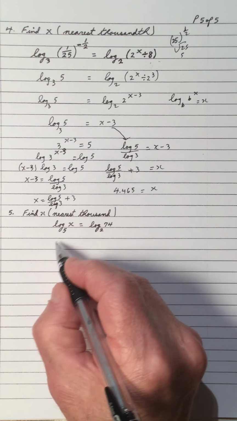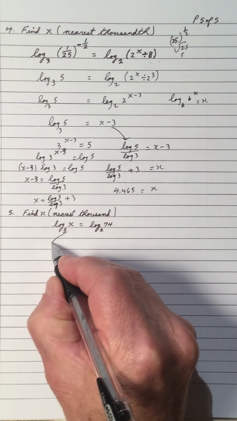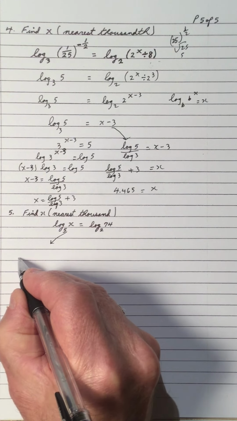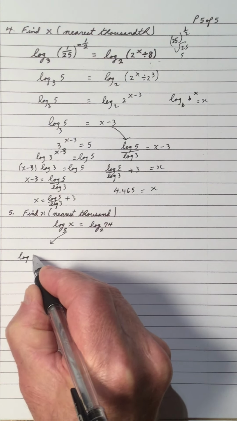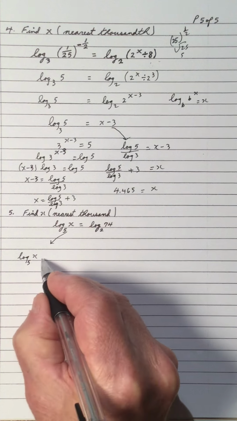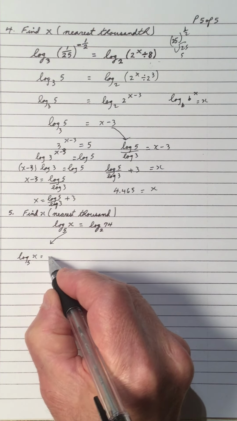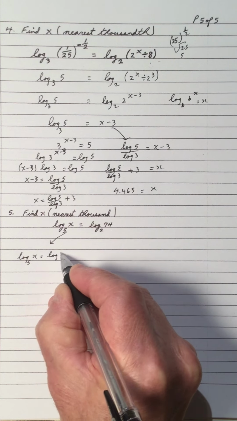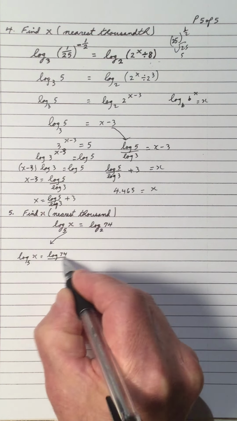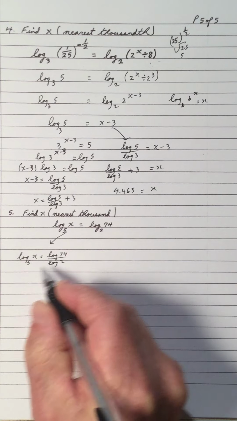Number 5, find x to the nearest 1,000. So x is here, and there's a couple of ways to go. I could go log x base 5, and so this is the log of 74 divided by the log of 2.